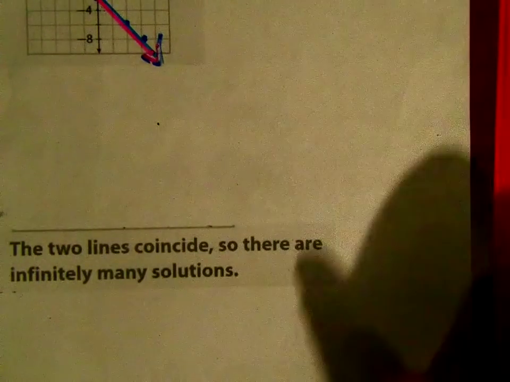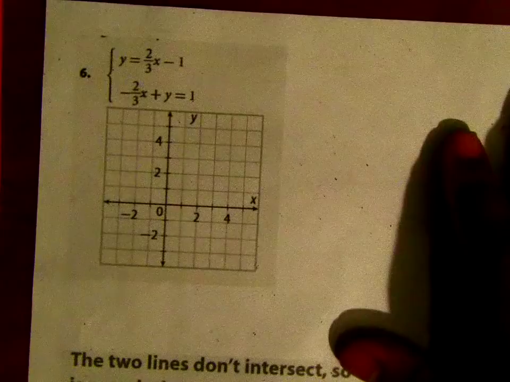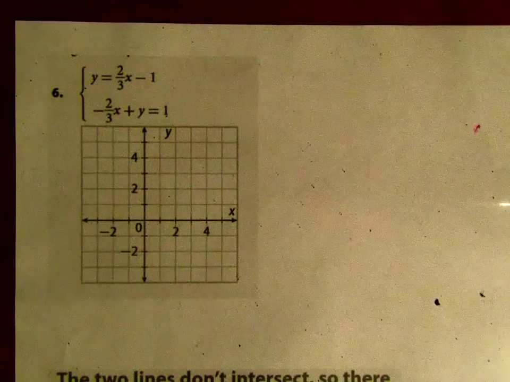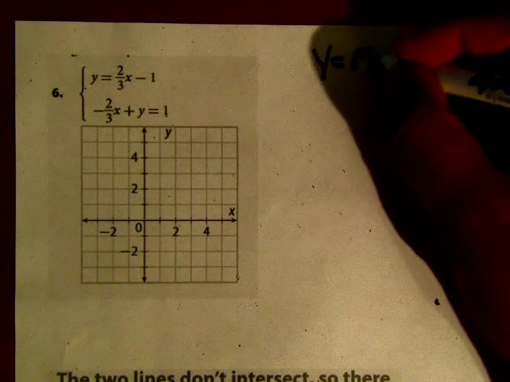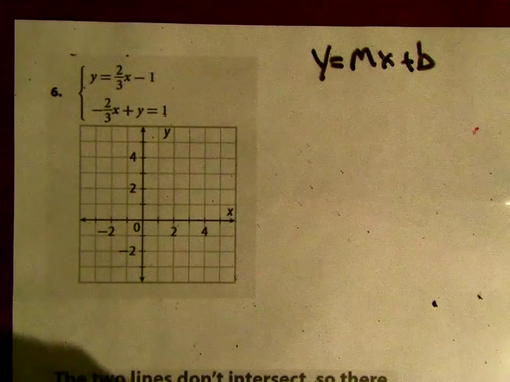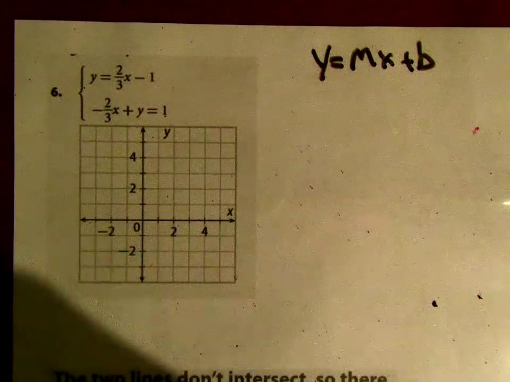Okay, let's take a look at another special case. So on this one, we're going to follow the same steps. We want to get it in y equals mx plus b. Our first equation here is already in that format.